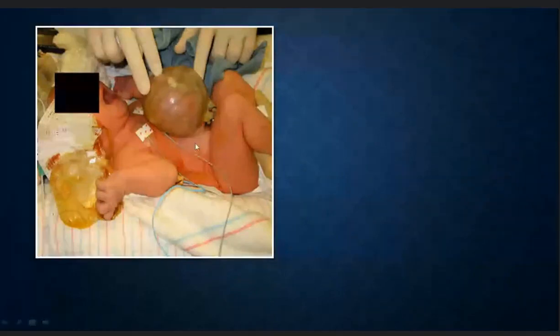ليش؟ Here the defect or the protrusion is from the umbilicus itself.